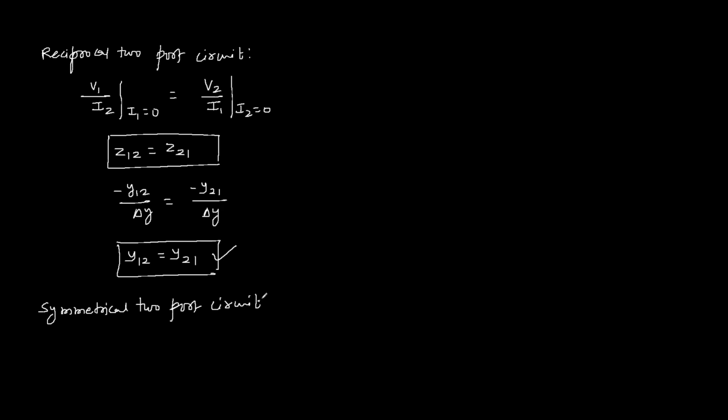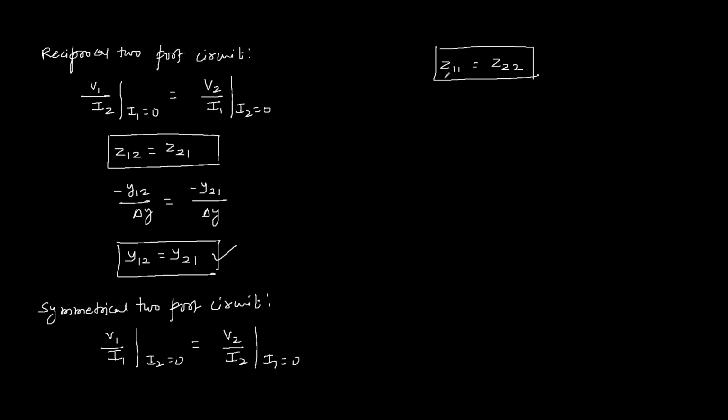Now we have symmetrical two-port network, or circuit. Condition for symmetrical two-port network is V1 over I1 when I2 is 0 must be equal to V2 over I2 when I1 is 0, or condition for symmetrical two-port circuit in terms of Z parameter is Z11 must be equal to Z22.